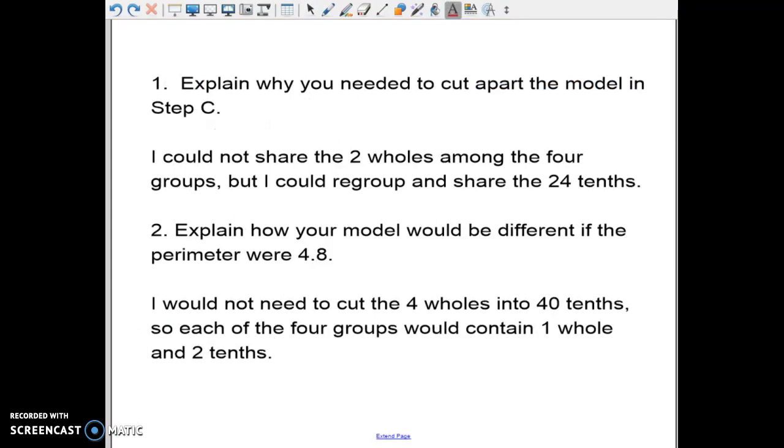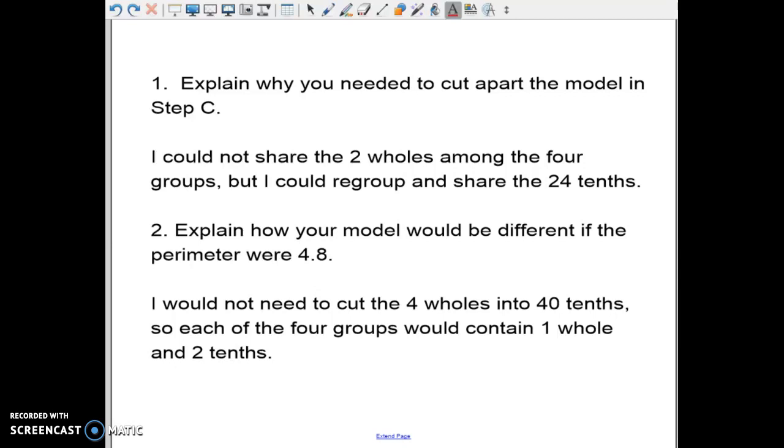Okay, so on the draw the conclusion at the bottom of the page, explain why you needed to cut apart the model in step C. Because we had 2 wholes and we couldn't share 2 wholes among 4 groups. So in a sentence it might sound like: I could not share the 2 wholes among the 4 groups, but I could regroup and share the 24 tenths. When I cut that apart into my tenths, I ended up with 24 tenths, and then I could share them with the 4 groups.